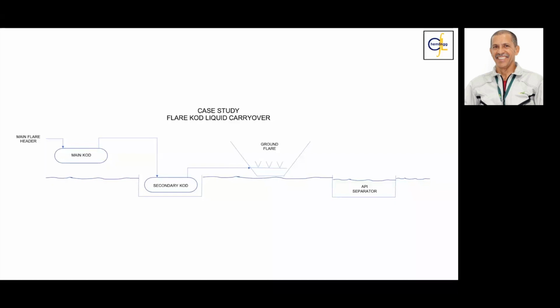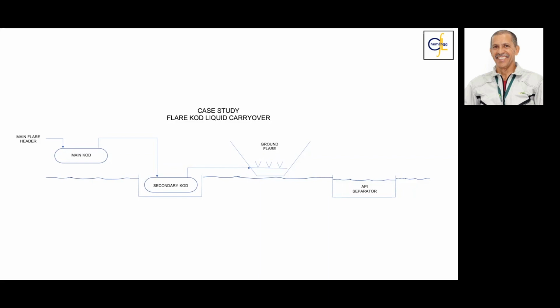Okay, they don't have gas, they have liquid burning in there, and then the wind direction is that way, and all these firing balls drop into the API separator, and they have a big fire in that area.